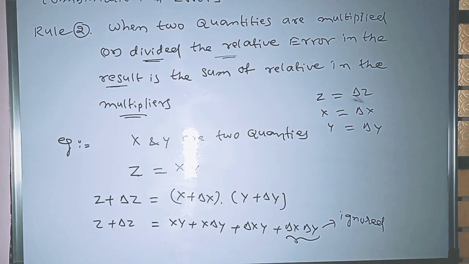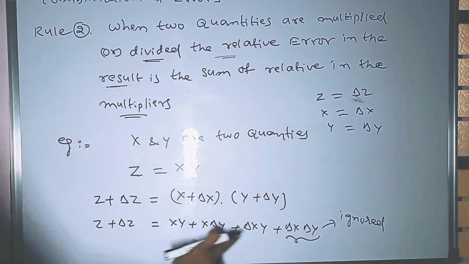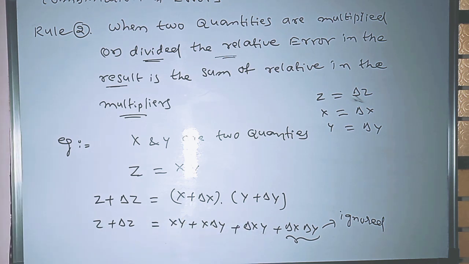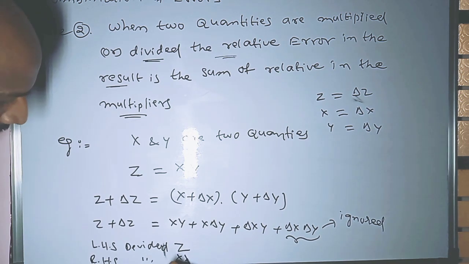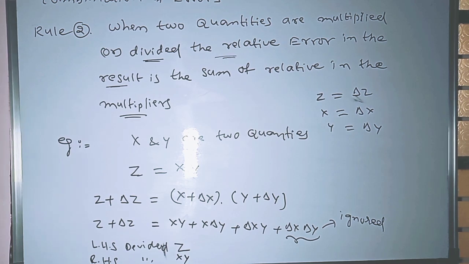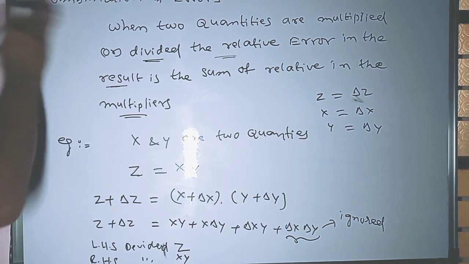What remains is Z plus delta Z is equal to xy plus x into delta y plus delta x into y. Here we divide the left hand side by Z and the right hand side by xy. Now see what happened.